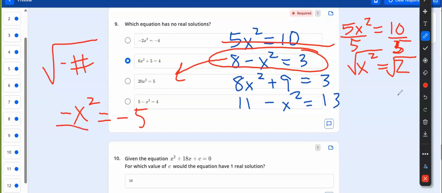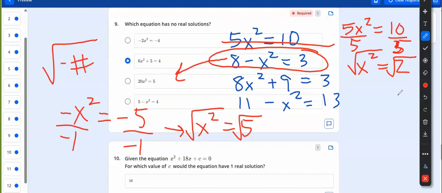There's a number sitting in front of that x squared that you have to divide by. What number? -1. Got to divide by -1. That gives me positive x squared equals positive 5. Now when you take the square root, did you end up with the square root of a negative number? No. So that means that one's out.